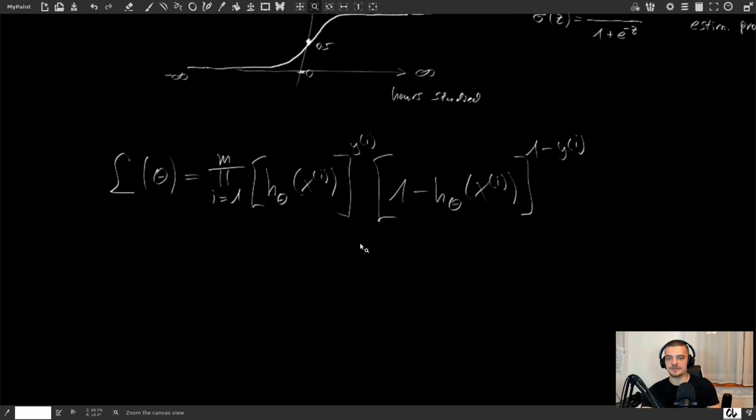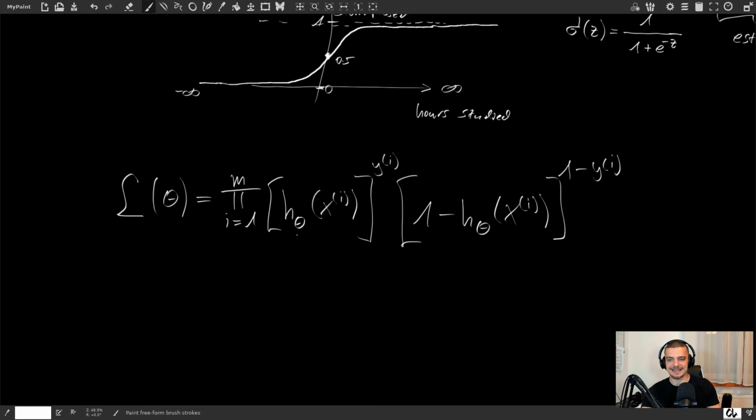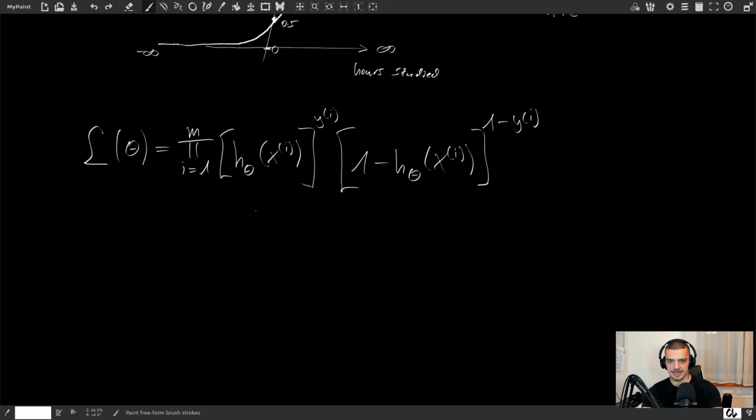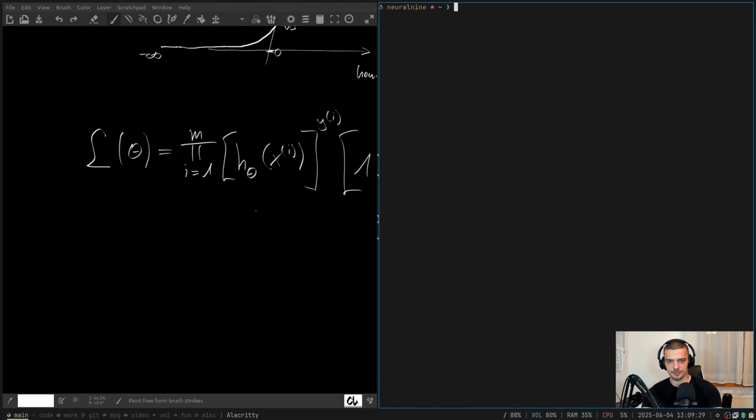So what you will notice if you play around with this function here is that if you actually produce a value very close to 1 here, and the actual value is also 1, you're going to get 1, or something very close to 1. We could actually give it a try in a calculation. So let me open up briefly a Python shell, and let's just try to enter a value for one instance. Let's say my sigmoid activation function produces something like 0.999, so very confident that the answer is yes.